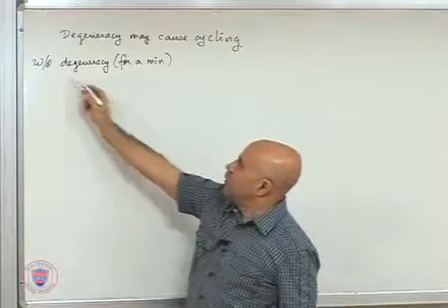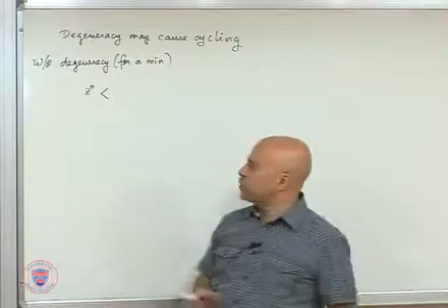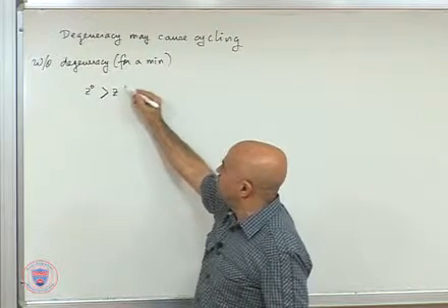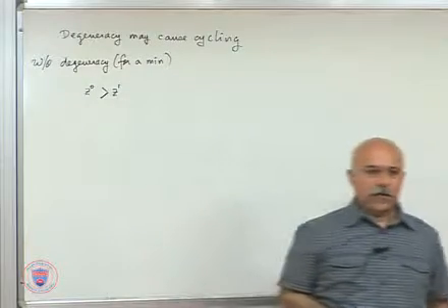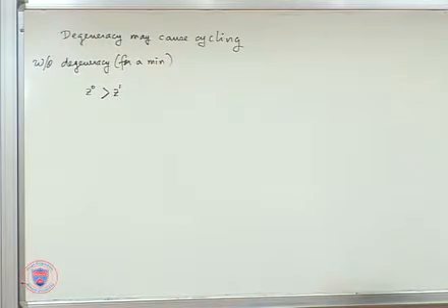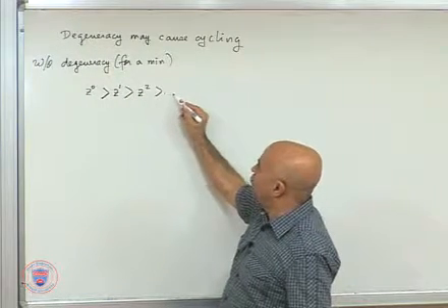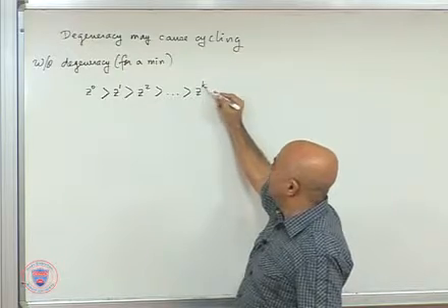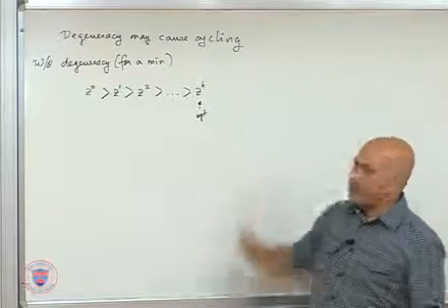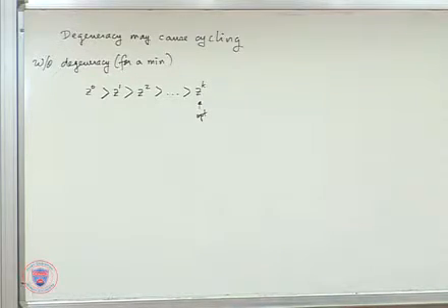Since you're minimizing, and when you don't have any degeneracy, you always move to a new basic feasible solution, which is definitely better in objective value than the previous one. So if z1 is the objective value in the Tableau right after the initial solution, it's smaller. And the next one will be smaller, and so on and so forth. This just keeps going until, say, in some iteration k, you end up with the optimum. You stop. There's nothing that is smaller in objective value than that last one.